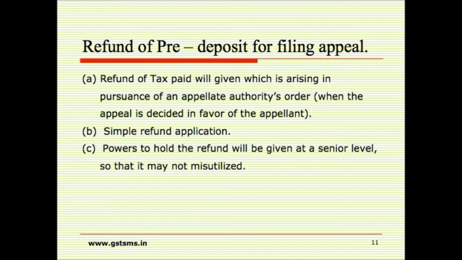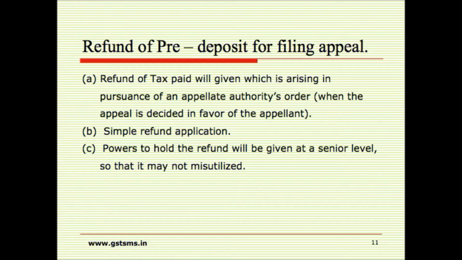Now let us come to our next point of refund of pre-deposit for filing an appeal. As you all might be aware, in case the taxpayer goes into appeal, then he is required to pre-deposit either the entire amount or a part of it before filing an appeal. In case the appellate authority gives an order in favor of the appellant, then this pre-deposit needs to be refunded back to the taxpayer as soon as possible.